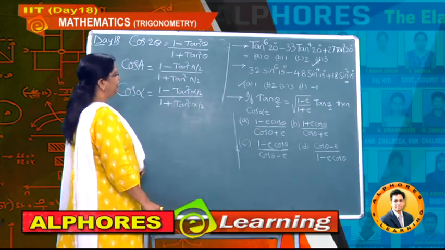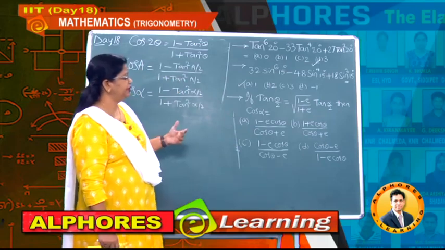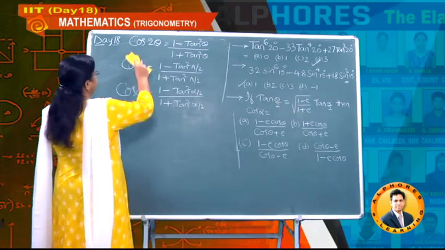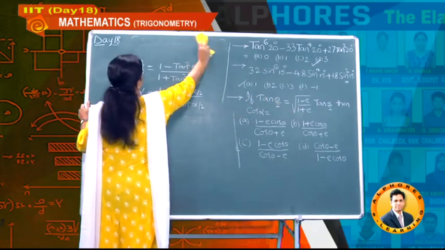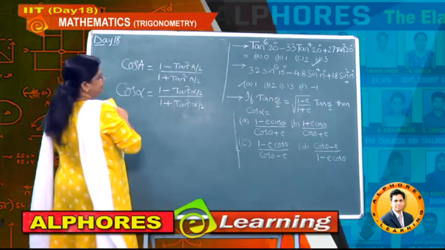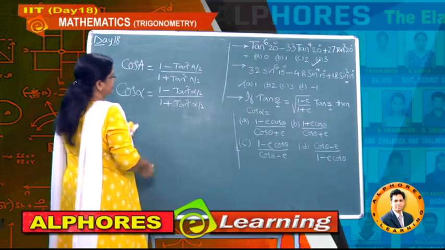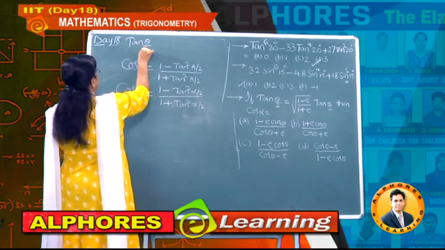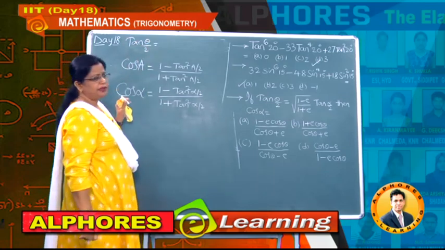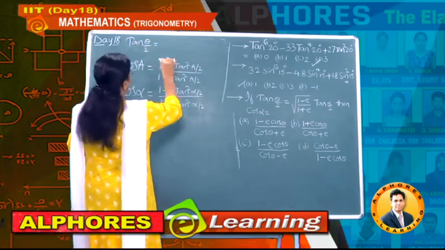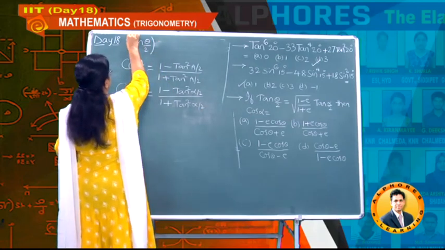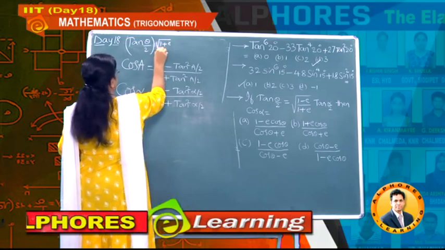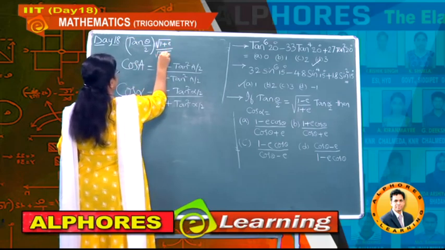Okay. Now how to get tan alpha by 2 here? Let's simply do cross multiplication. That means what is the value you are having here actually? Tan theta by 2 is equal to, how much students? Tan theta by 2 equals the square root, you can do separately or else just take this side. Then this into actually it is under root of 1 plus e divided by under root of 1 minus e.